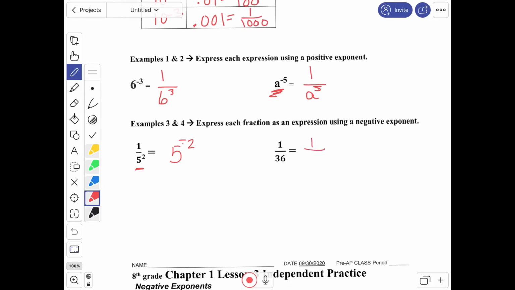So how could we write 36 in exponential form? How about 6 to the second power? So if I wanted to write it as a negative exponent, I'd take the denominator of 6 and make that my base, and the exponent would become negative 2.